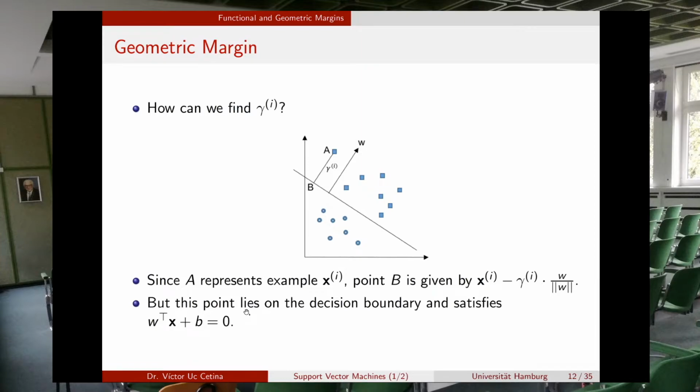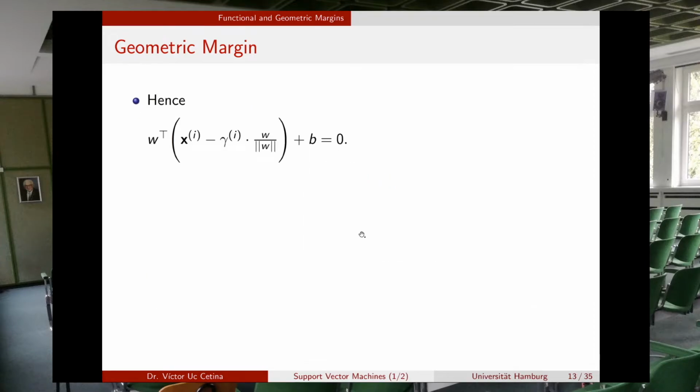But this point b lies on the decision boundary, as I said before, and therefore it satisfies this equation. So if we take this point and evaluate it in our model, the result is going to be 0, of course, because it is exactly lying on the decision boundary. So this is our point b, and we evaluate it in the model.